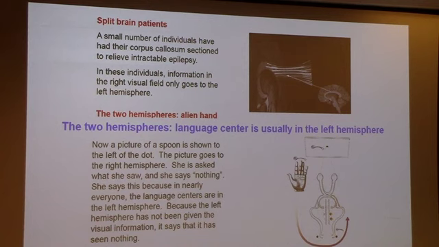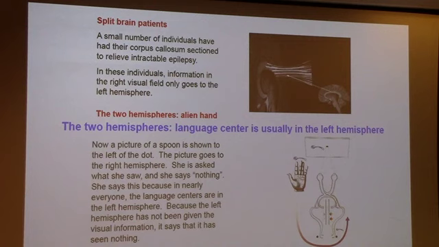These two hemispheres cannot talk to each other. So without this information exchange, you will see a lot of weird responses from this patient. For example, he wants to grab something with his right hand, and then his left hand will do the very opposite response to his right hand.